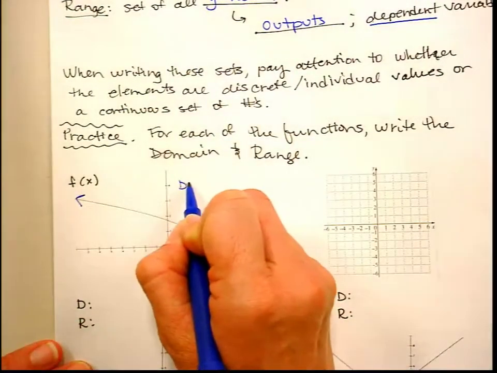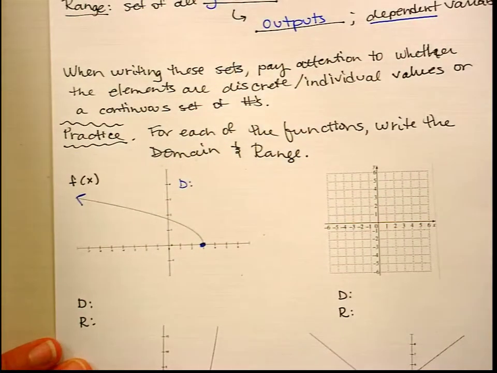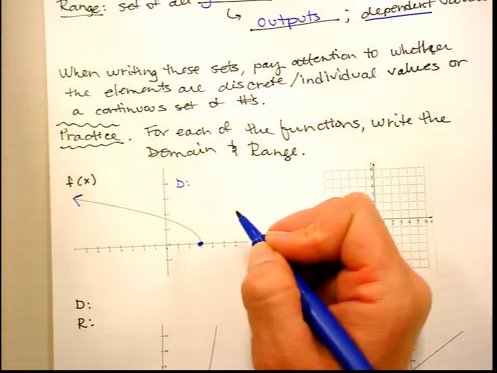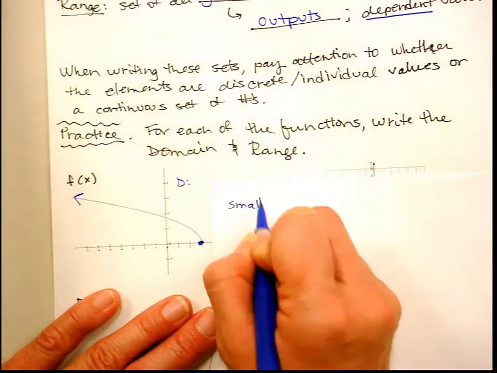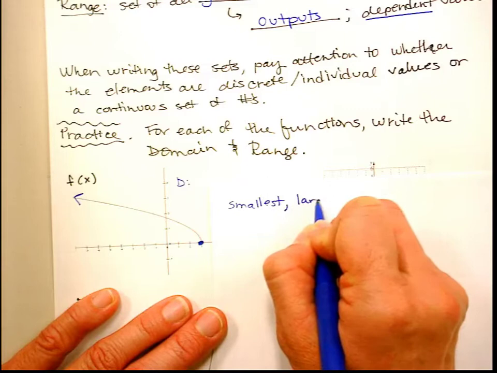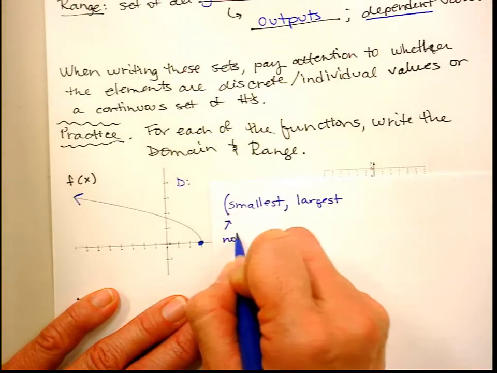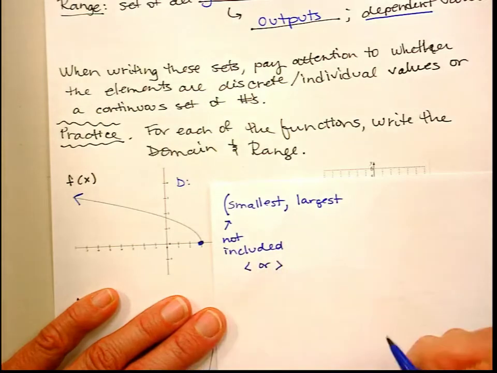For the domain, when I have a continuous set, I'm going to use the interval notation that I talked about in 7.1. For interval notation, you put the smallest number in your set first, a comma, and then the largest number in your set. Smallest value, comma, largest value, and then we use a parenthesis to indicate not included, which is a less than or greater than symbol.